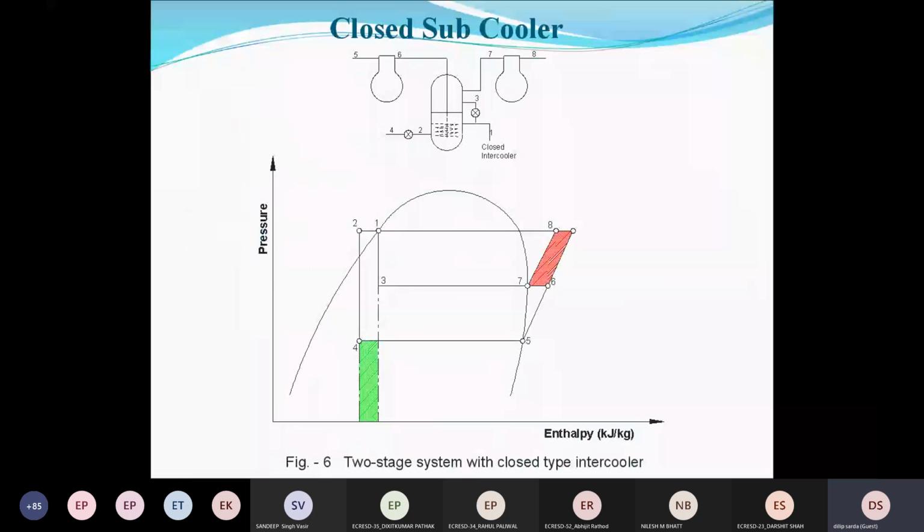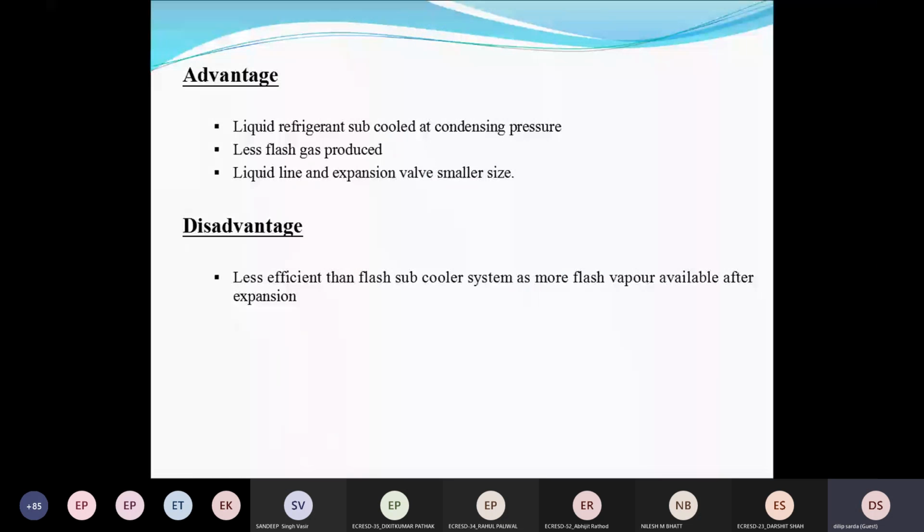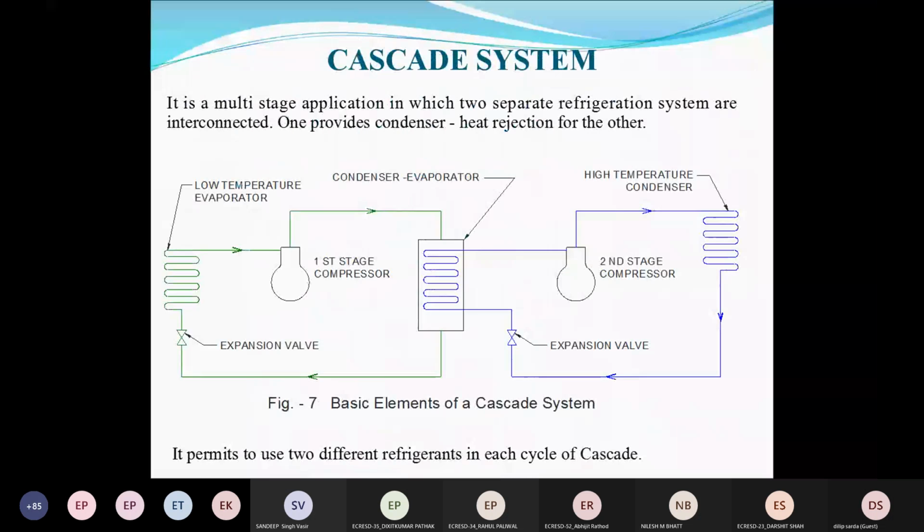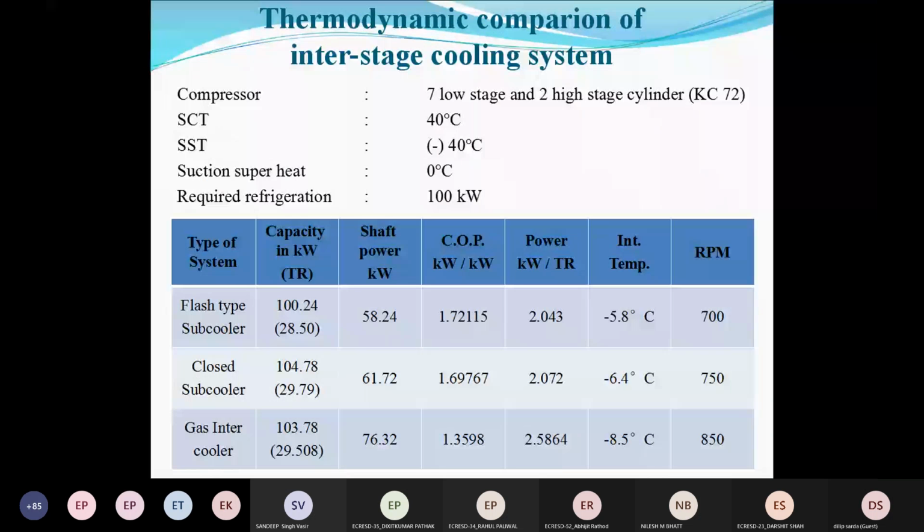Now, when we are talking about the second type, this is the closed subcooler. When we run the compressor at 750 RPM, we get 104.78 TR.